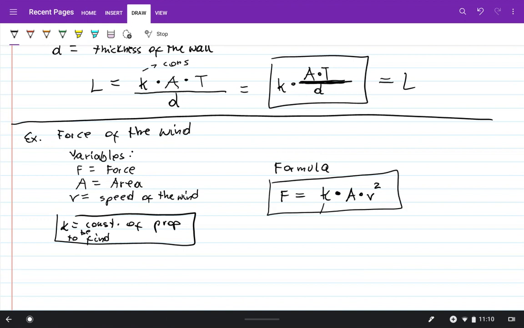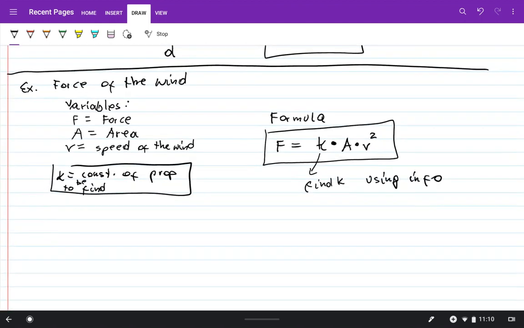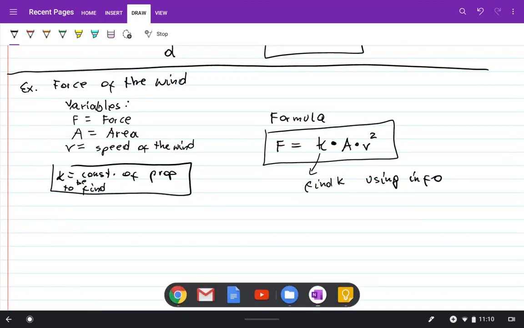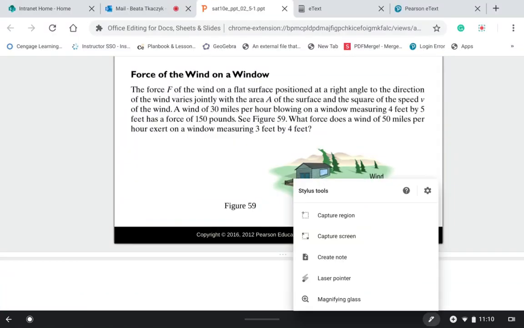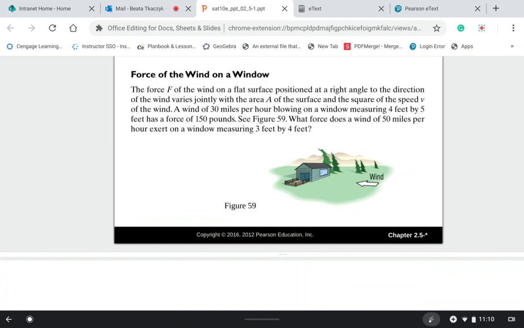Of course, we need to find k using info. So the second sentence in the problem will give you the information to find k. Okay, so let's go back to the second part. So we know the wind of 30 miles per hour blowing on the window measuring 4 feet by 5 feet. So don't forget that we need the area of the window.